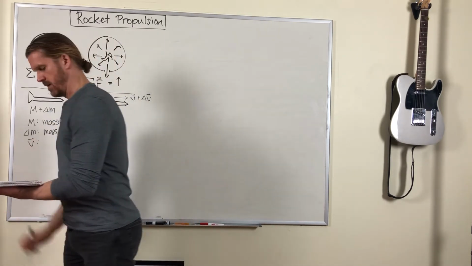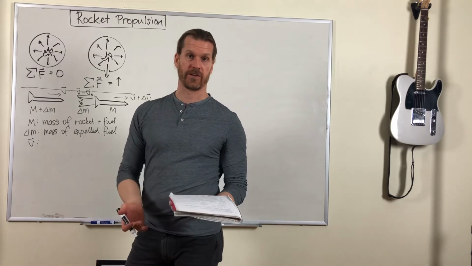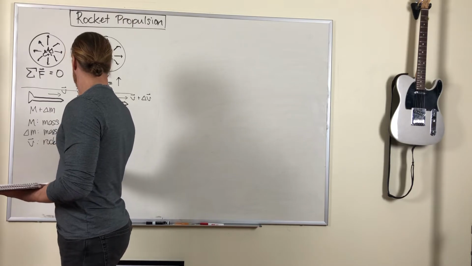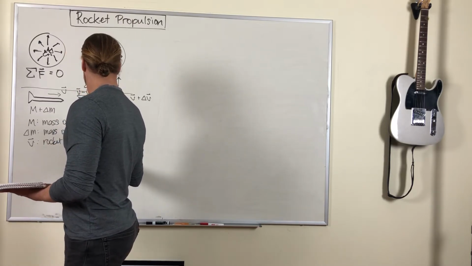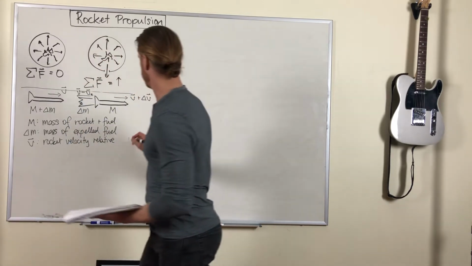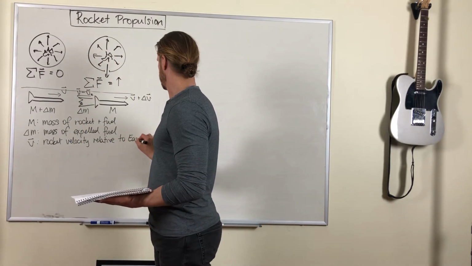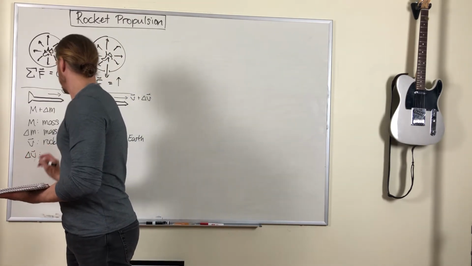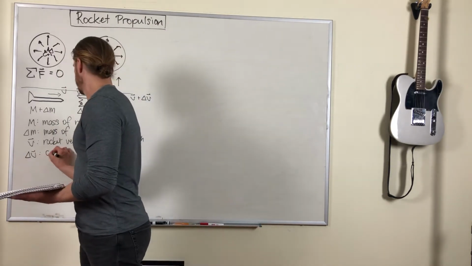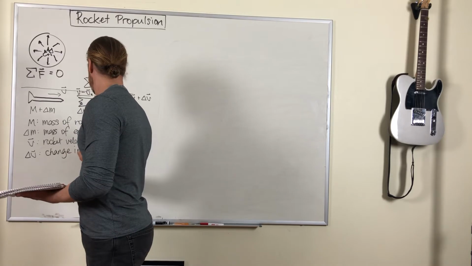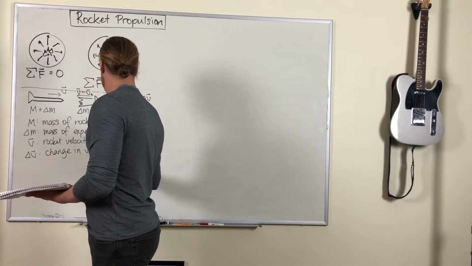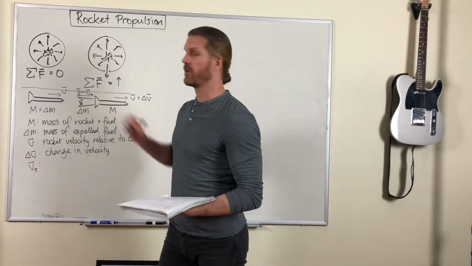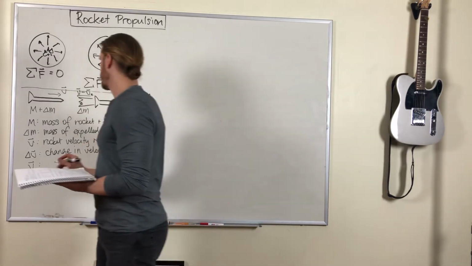V is the rocket's velocity relative to some fixed point, like relative to planet Earth. Delta V is that change in velocity. And VE is the exhaust velocity, the velocity of the expelled gases relative to the rocket itself.